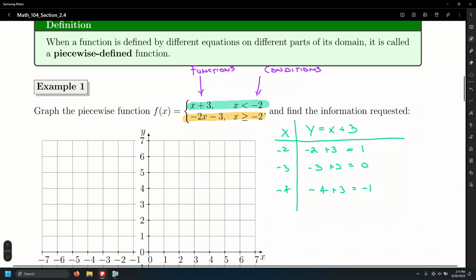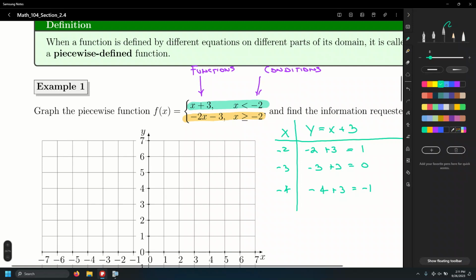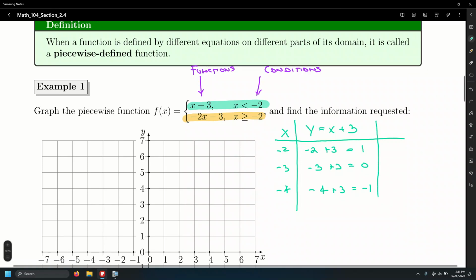Even though I plugged in the value of negative 2, because in this case it is less than, this is going to give us a set of ordered pairs x, y. It would be a good idea to have a third column for ordered pairs. Those are going to look like negative 2, 1, negative 3, 0, and negative 4, negative 1. All right?